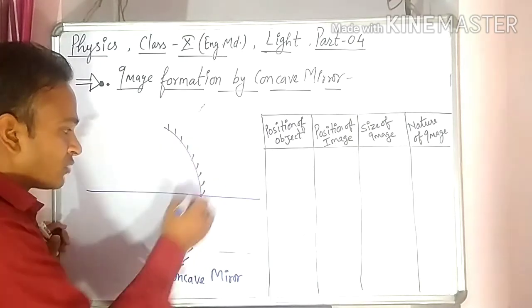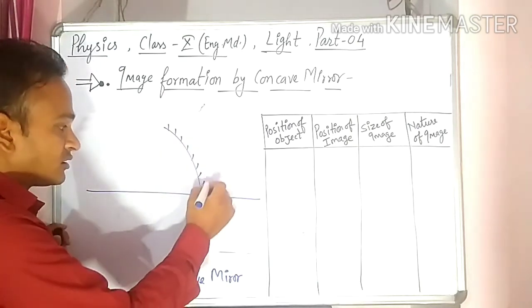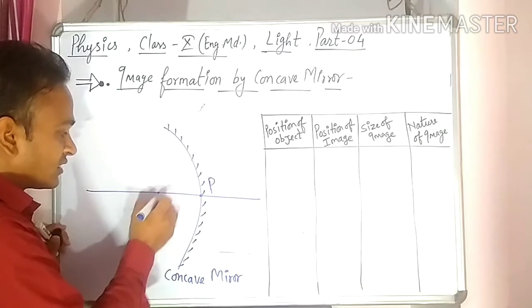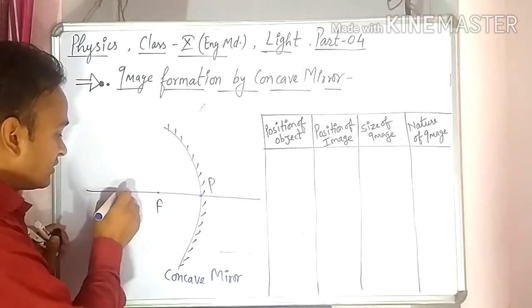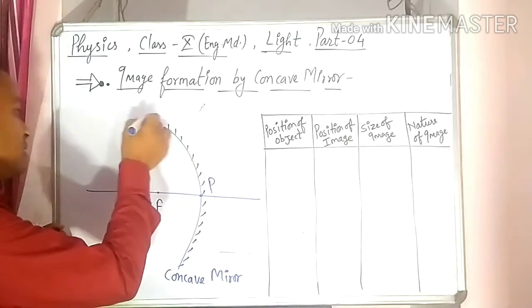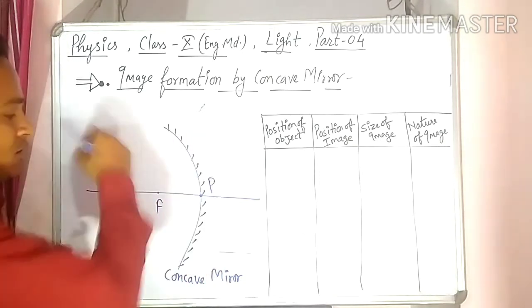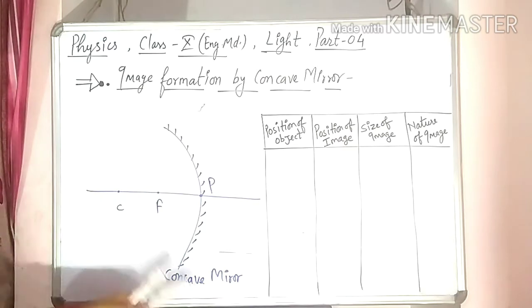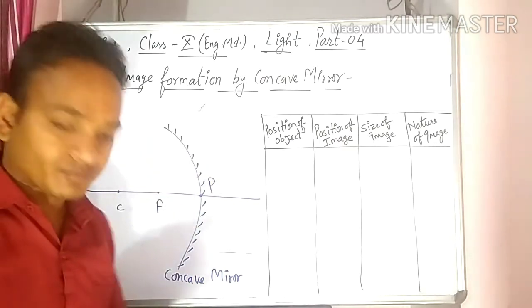The midpoint of a mirror is known as the pole. That is the focus where light rays actually meet. It is the center of curvature, the midpoint of the whole sphere.